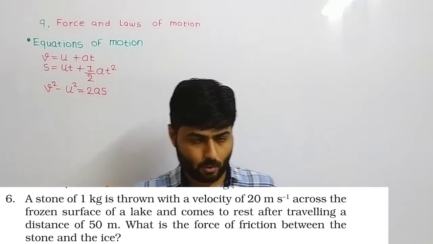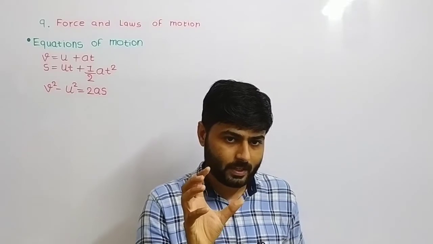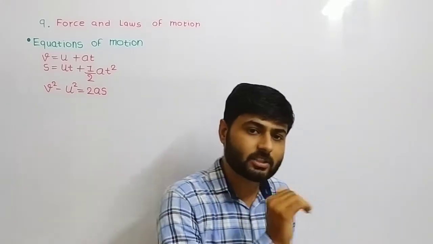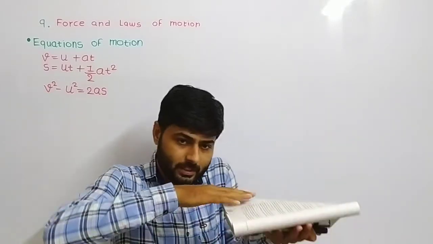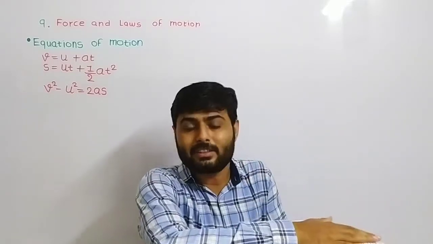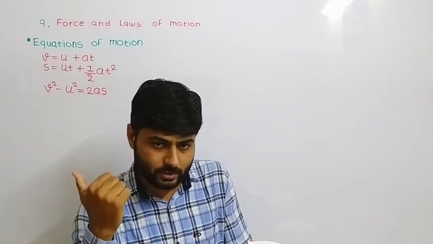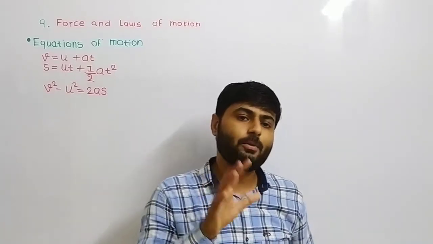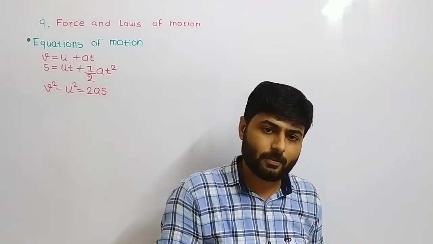Here we throw one stone of mass 1 kg and obviously the stone will come to rest after covering some distance. The stone is sliding on the surface. At that time, this surface exerts a frictional force in the opposite direction. So due to this frictional force, this stone will come to rest. So we have to find the frictional force applied by this frozen surface.